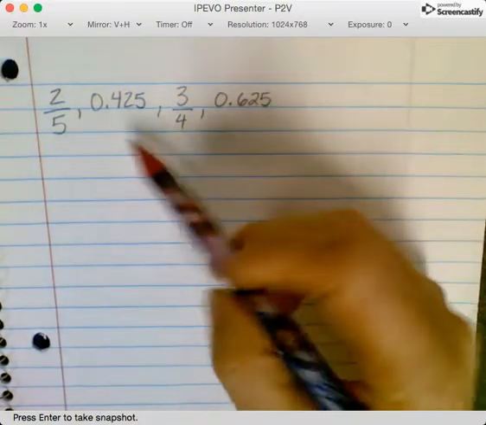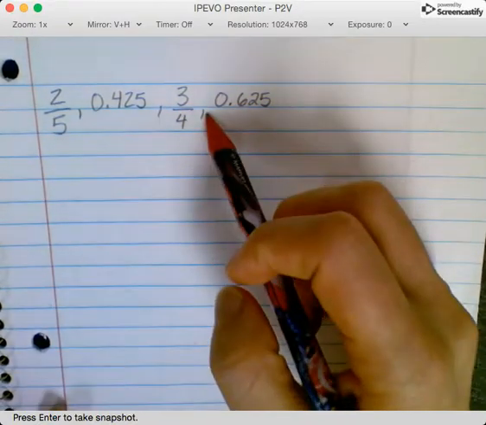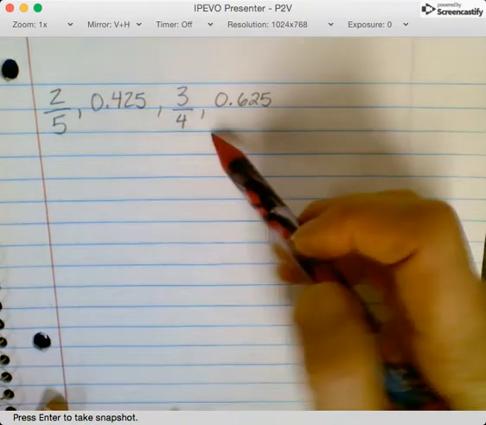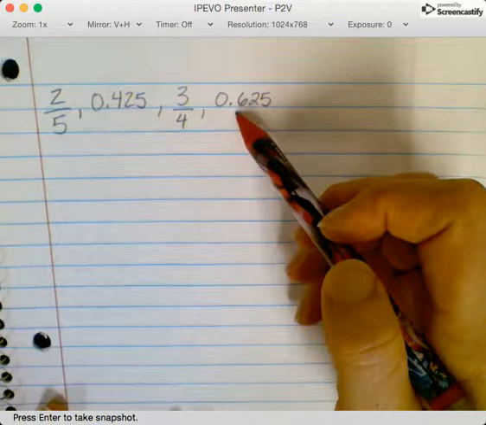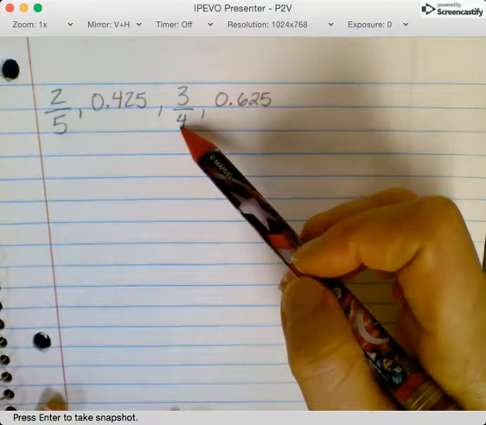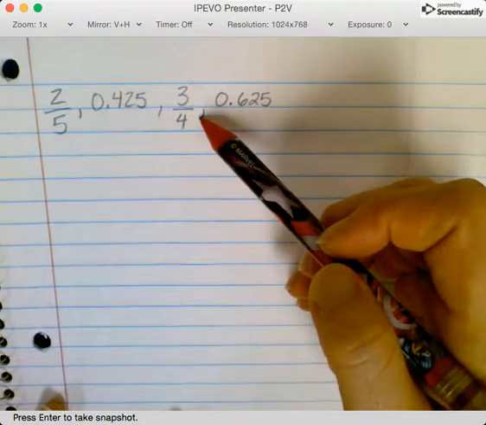The first thing I want to do is to make them all the same. Either I'm going to convert all of them to fractions and then compare, or I can convert them all to decimals and compare. That's usually the easiest way.